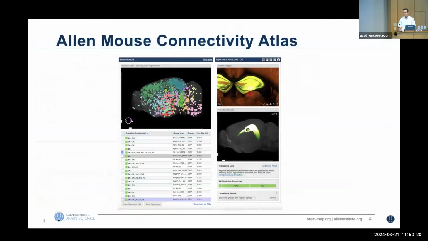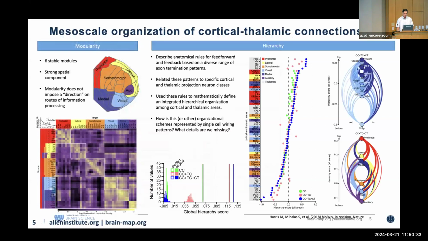We built a big atlas on that, the so-called mouse connectivity atlas. You can see when you do an injection what was projected and what the clusters are. All this data is available online, and we did studies to come up with organizations of circuitry. We know there's a lot of feedback between the cortex and the thalamus.